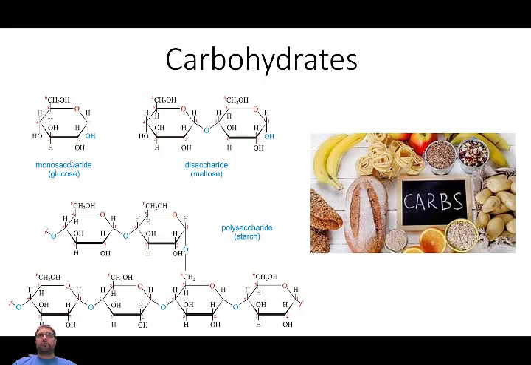In some portions of other organisms' bodies, they're generating things like lactose. But glucose, by and large, is the most abundant carbohydrate. Okay? And it's a monosaccharide, so very important. C6H12O6. Okay? So 6 carbons, 12 hydrogens, 6 oxygens.